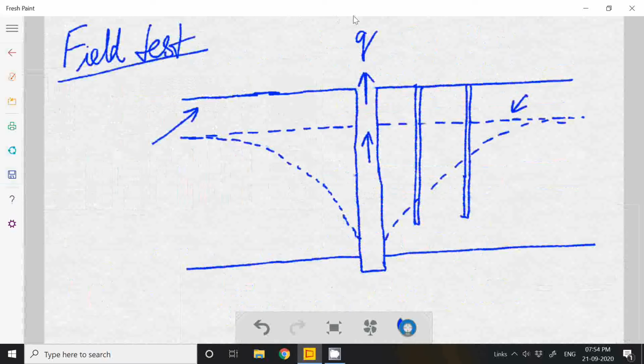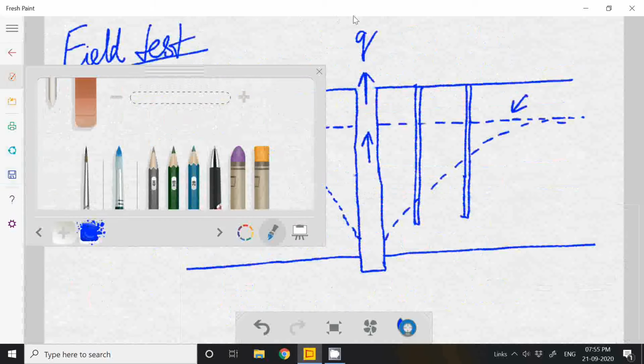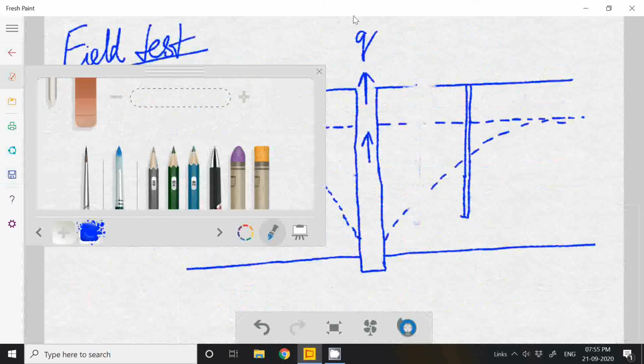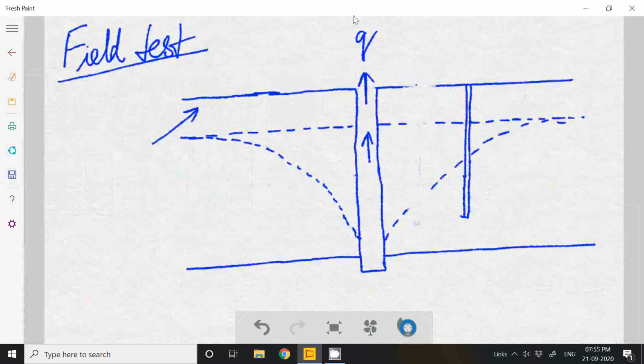So let me construct it a little farther away. Let me make some modifications, then it will be much better to explain. Let me construct another observation well here. I need some space actually.